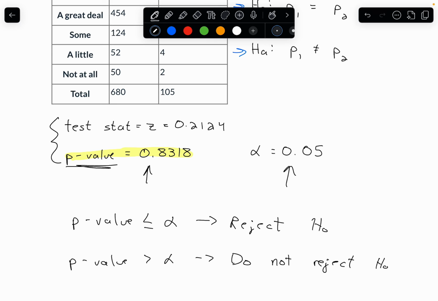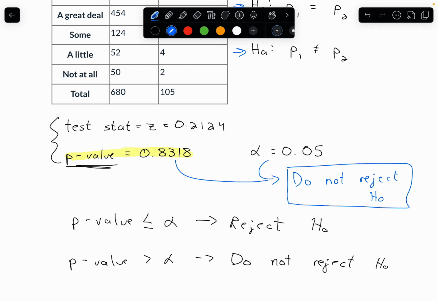The p-value is not less than alpha. So what that means, if the p-value is greater than alpha, we do not reject H0. So looking at these two things together tells me that we do not reject H0. That's my decision.